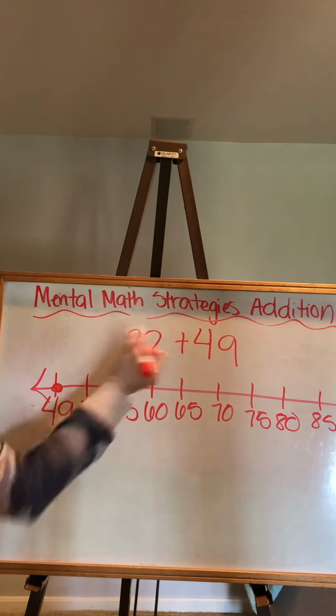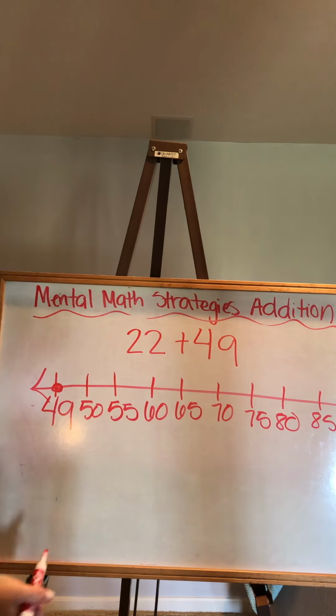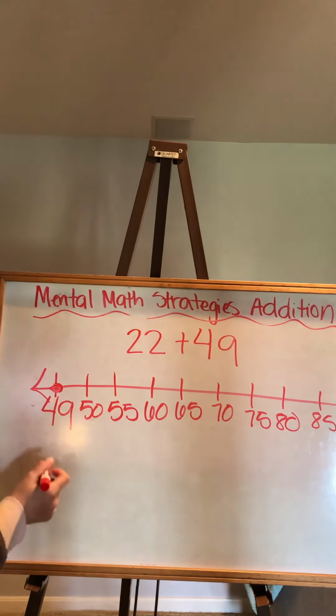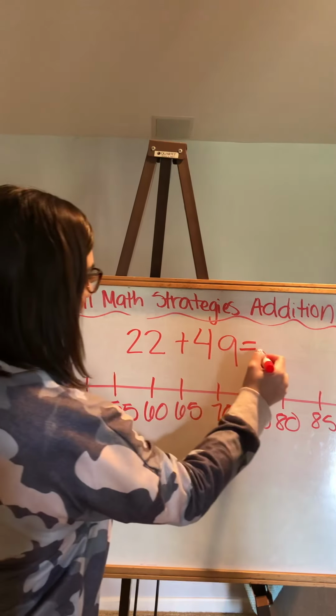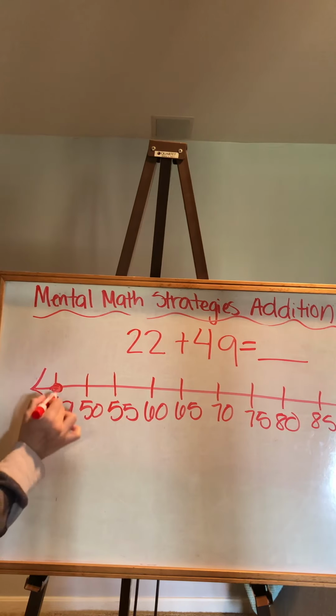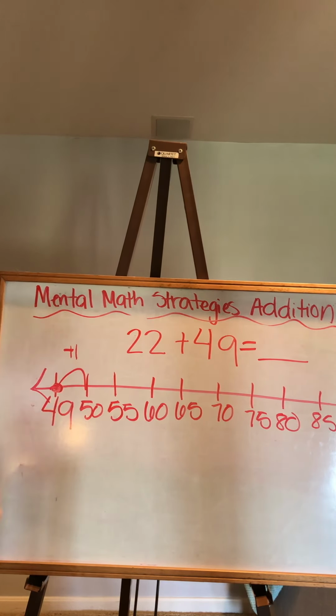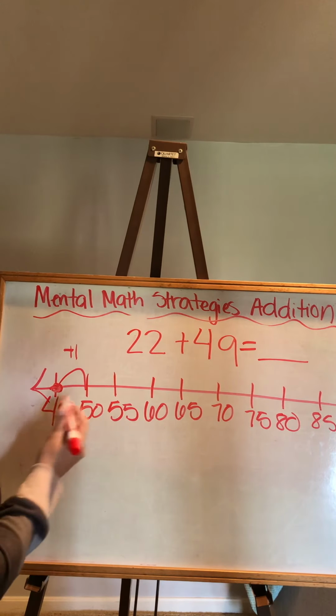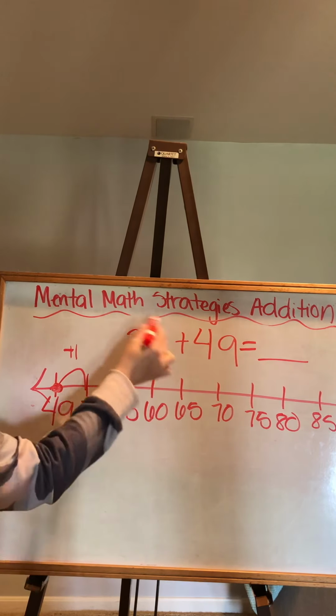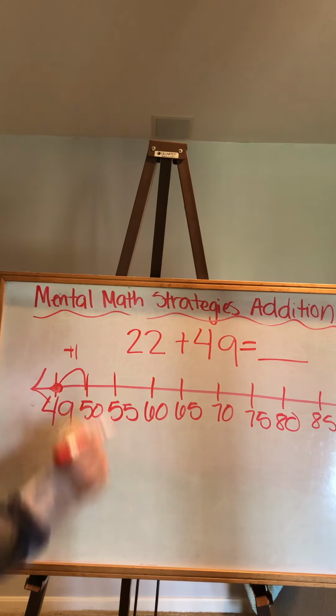So we start with 49 because that is our larger number. Now we have to jump 22 spots to get our answer. So, start at 49. I'm just going to jump 1 to 50, so then it is easier for us to add. Now, I know that I have to jump 22, and I've only jumped 1, okay?